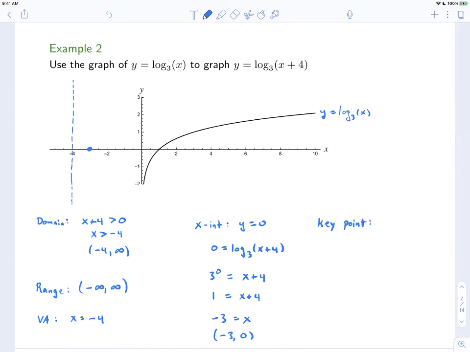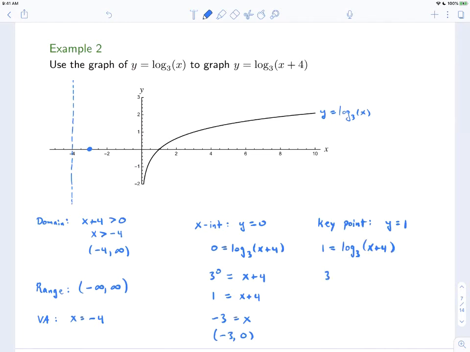The next thing we want is the key point. The key point is where y is equal to 1. So 1 is equal to log base 3 of x plus 4. Again, what does this mean? It means that 1 is the power of 3 that gives us x plus 4.